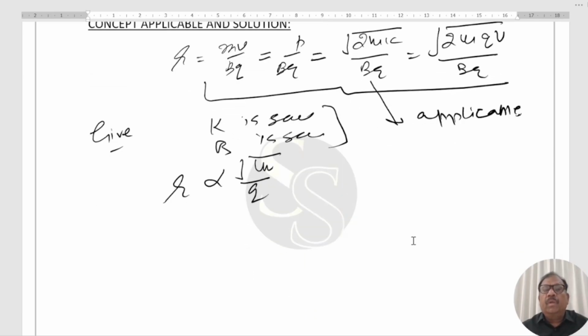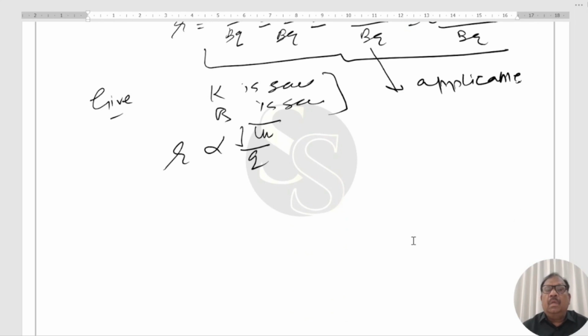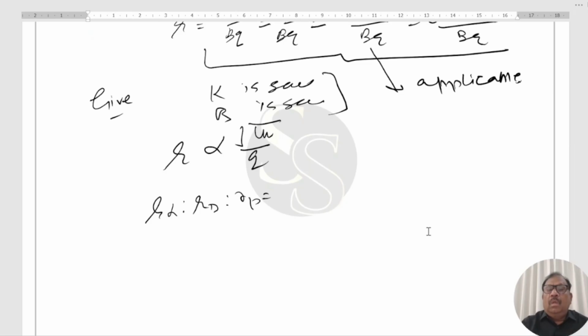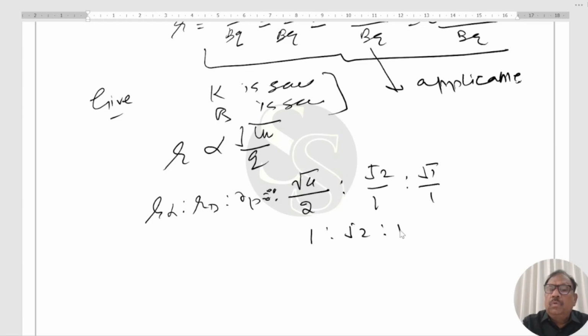Therefore, R alpha is to R deuteron is to R proton equal to, for alpha, under root 4 divided by 2, is to deuteron, under root 2 upon 1, is to proton, under root 1 upon 1. That comes to 1 is to root 2 is to 1.